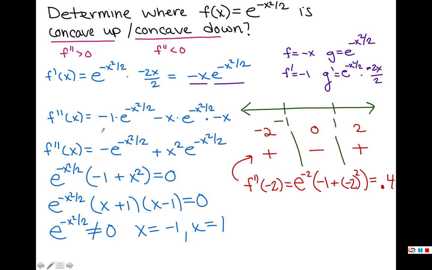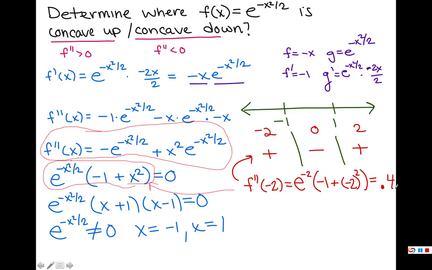You could plug them into this right here, the second derivative, though I plugged it into the factored form. It doesn't really matter. For example, with negative 2, I put it into my calculator and got approximately 0.4, but the information I care about is that it's a positive number. And so I put a plus sign into my table.